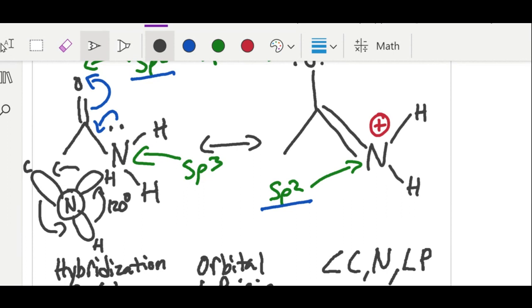Now imagine you added a p orbital, and if you remember from general chemistry, p orbitals are dumbbell-looking shapes which go up and down on the vertical axis, or the y-axis.